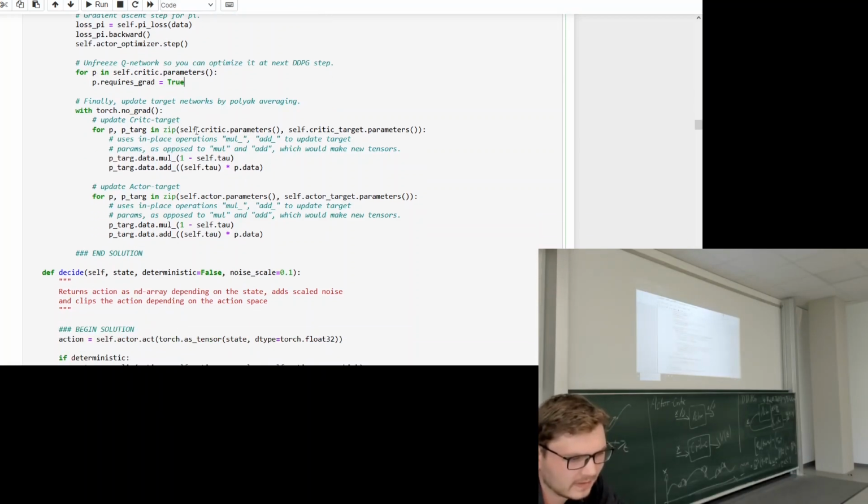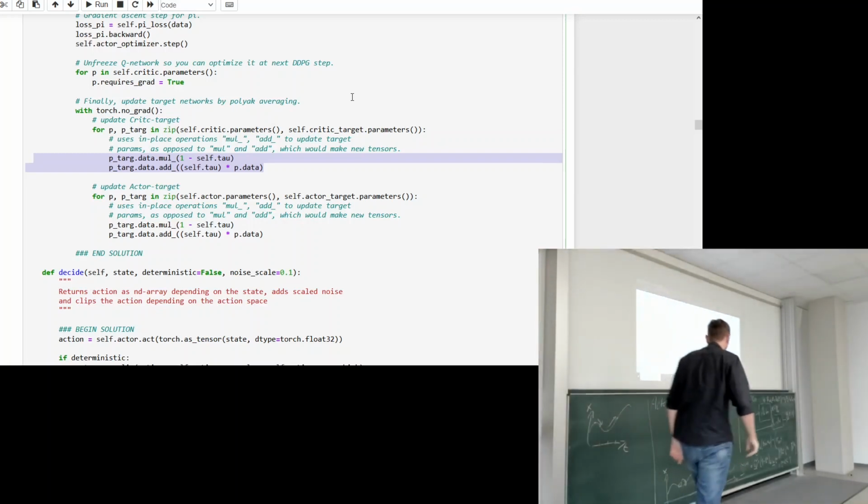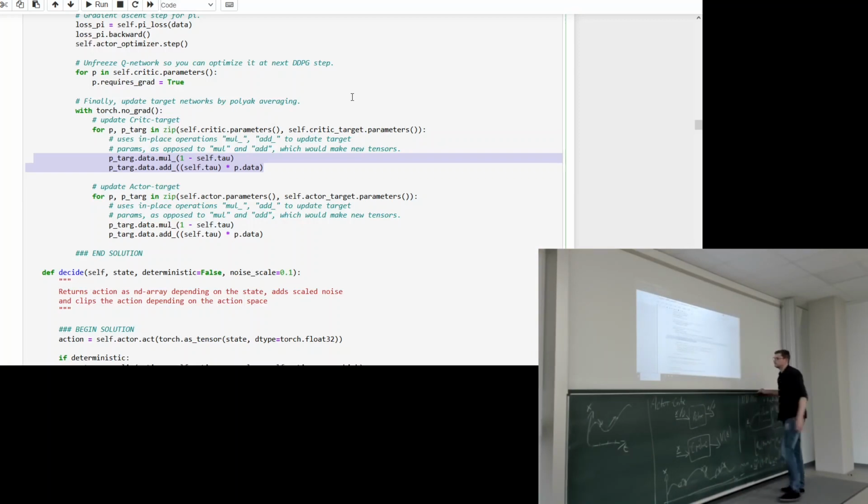And then, here it's also called Polyak averaging, but it's actually low-pass filtering, just a fancy word for low-pass filtering, in my opinion. We update also the target networks in the same way as already proposed.